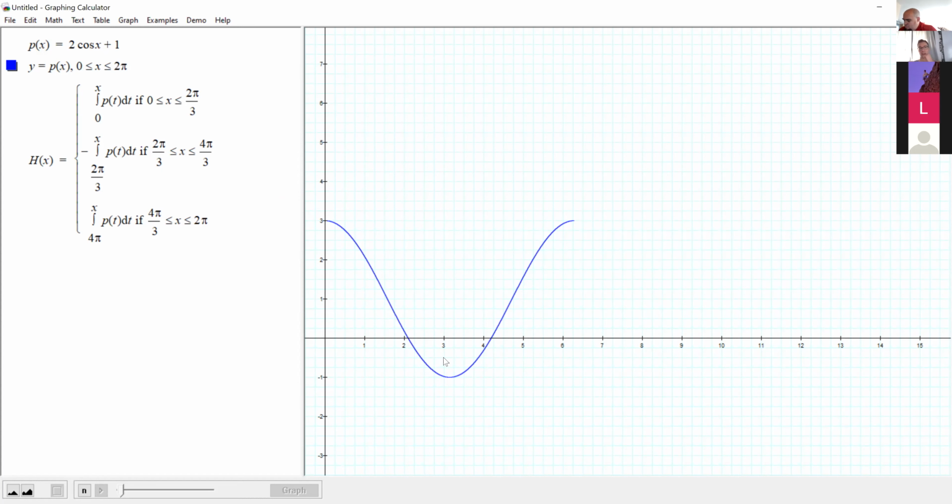To counteract that, because we want the unsigned area, we just put a negative sign in front of the integral. And for the third section, oh that's wrong, that should be 4 pi over 3 to x of p(t) dt if x is between 4 pi over 3 and 2 pi.